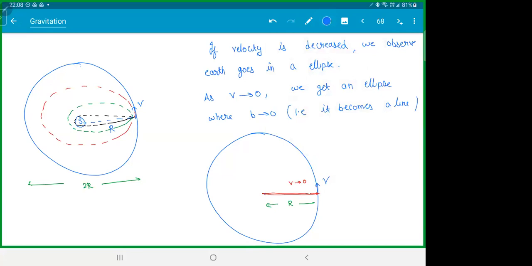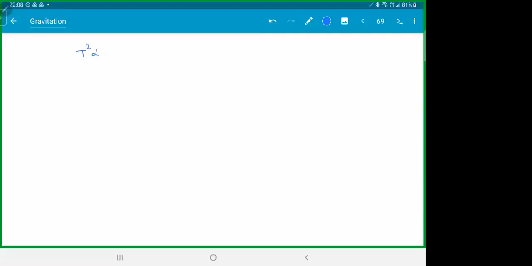Is this making sense? And we know from Kepler's third law, the time period T square is proportional to the semi-major axis cube. So T1 square by T2 square: initially the semi-major axis was r, now it is r by 2, so this will be 2 cube. So T1 by T2 will be 2 root 2.